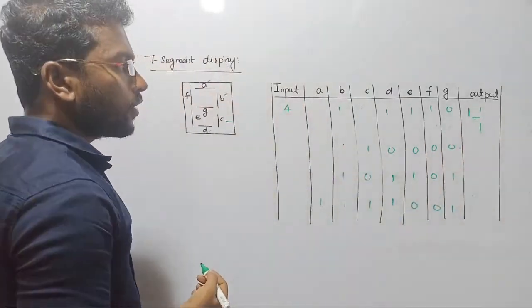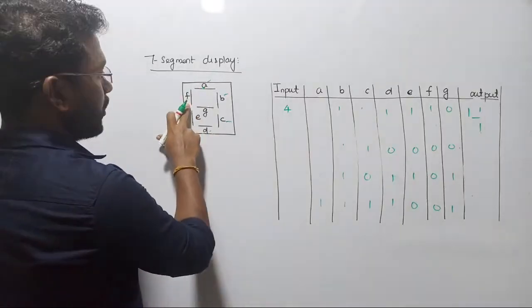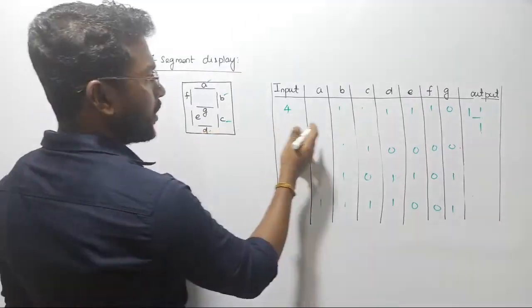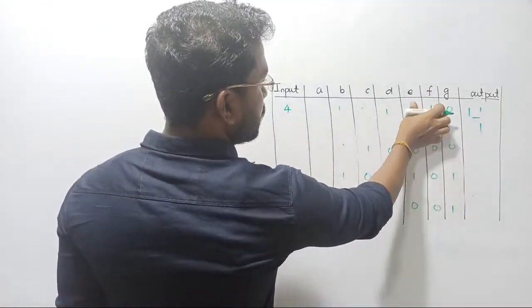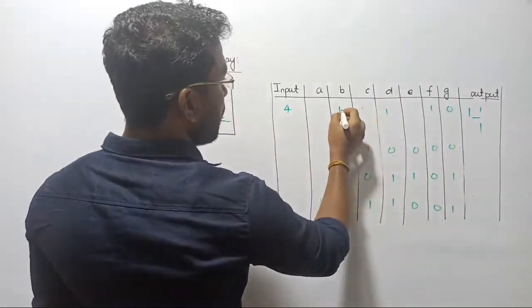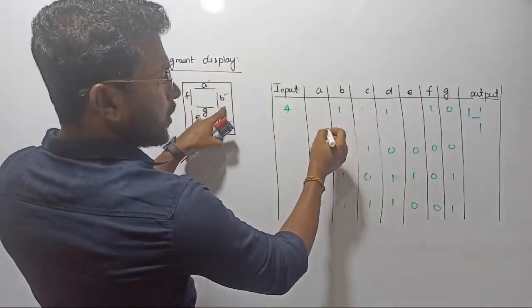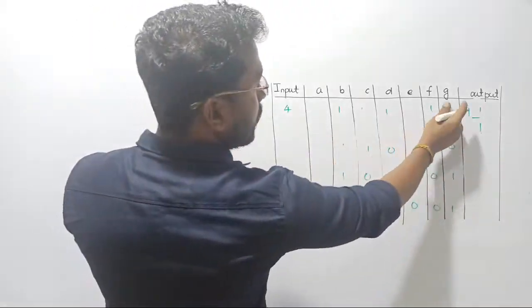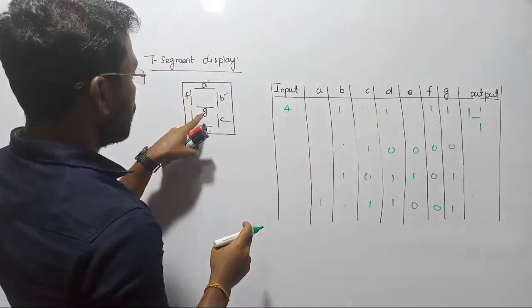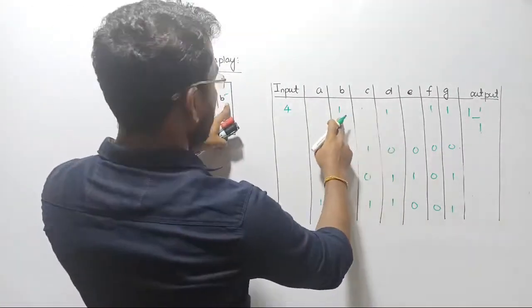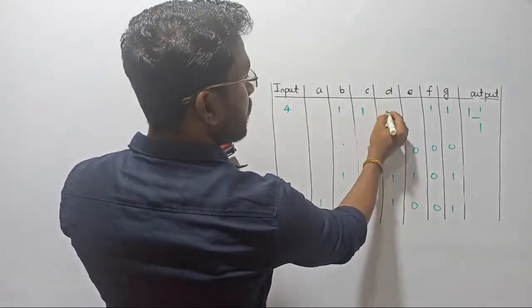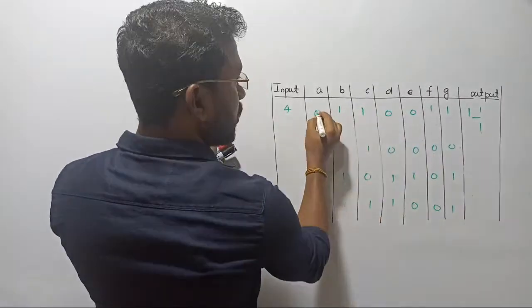For 4, F will work, B will work, G will work, and C will work. F is going to be 1, B is 1, G is 1, C is also going to be 1, and the rest are going to be 0.